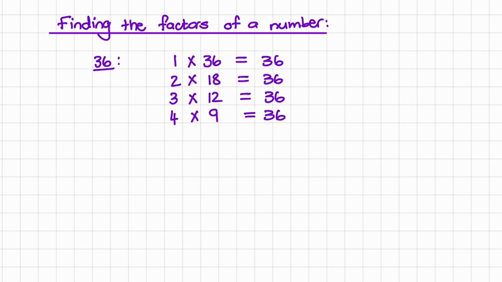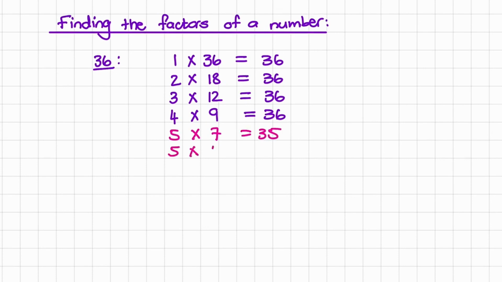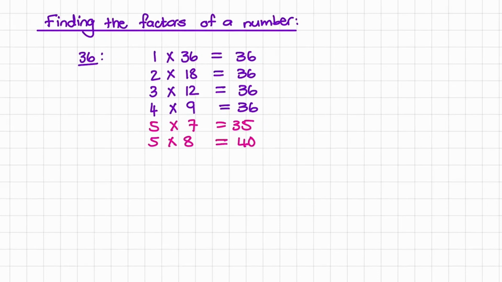But what happens if I test 5? The closest number I can get to is 5 times 7, and that is 35. And if I take the next number by multiplying 5 and 8, then that number is 40. So what we are learning is that 5 times 7 and 5 times 8 are not factors of 36.